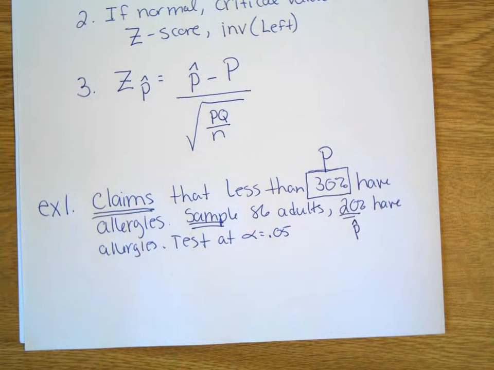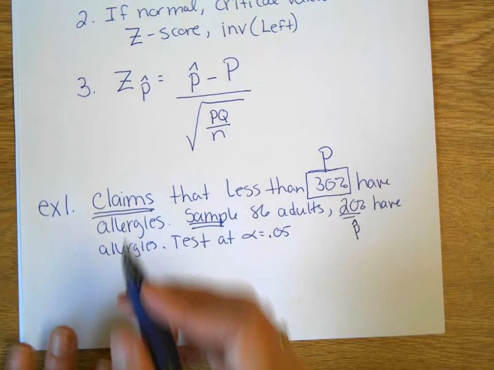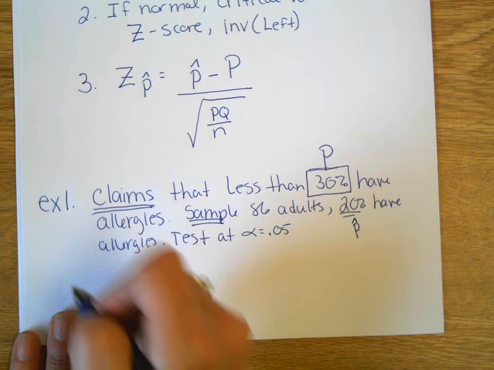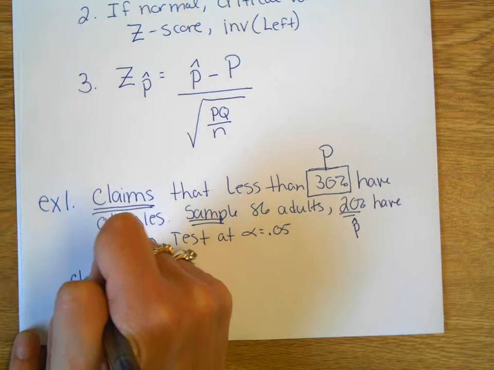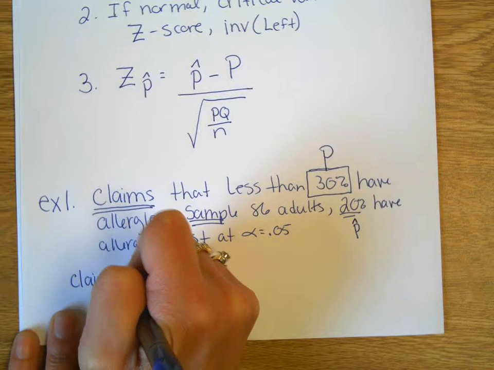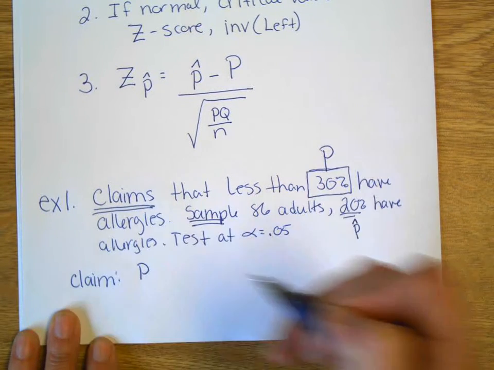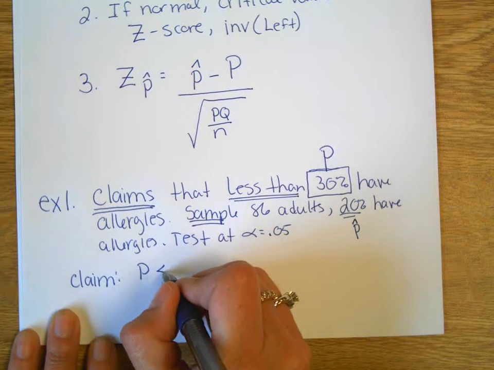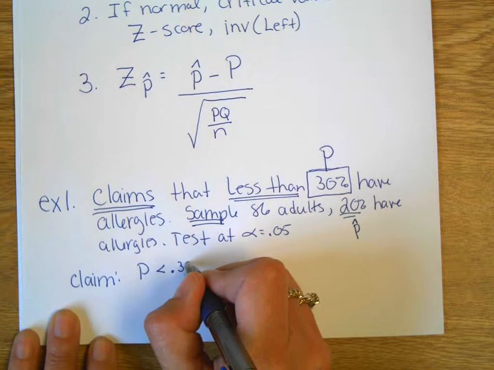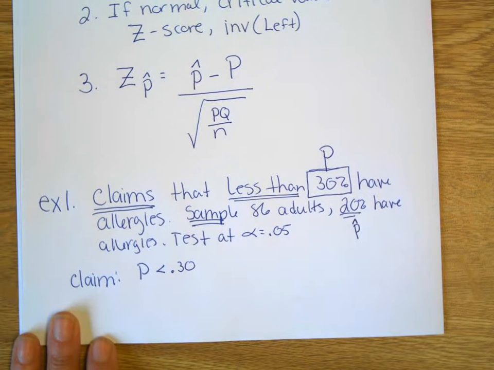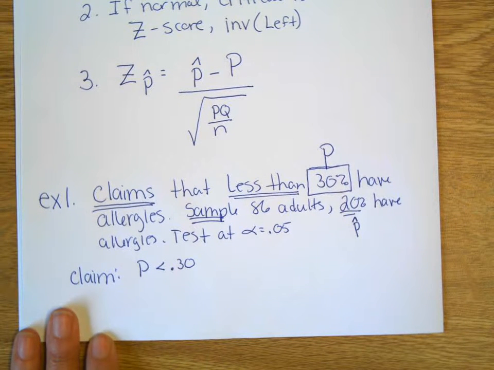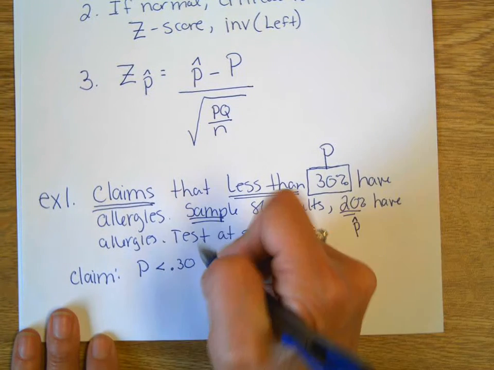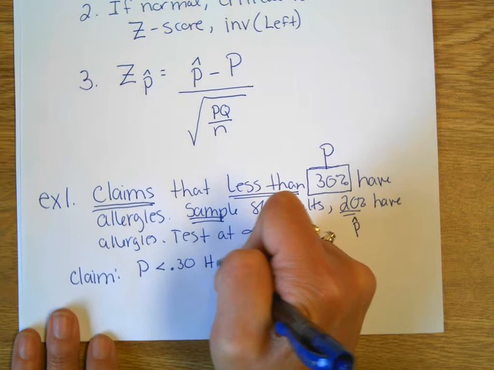So if we just started this one writing the claims, which we'll do, and then we'll check to see if it's normal. I'll show you how you would probably pick up on that on a test. So the claim is that big P is less than 30%. With big P, making the claim the Ha.